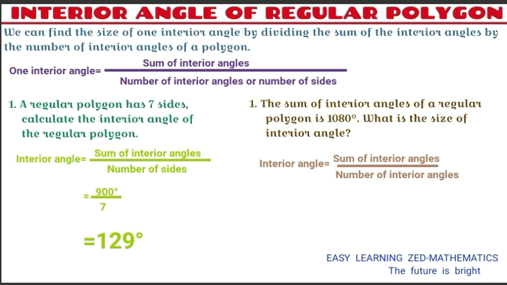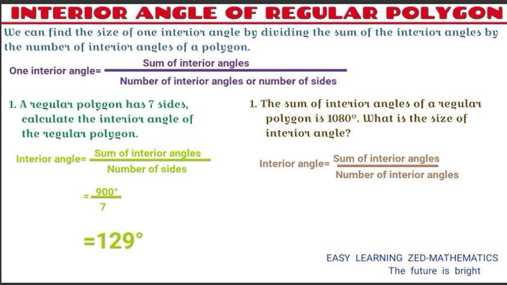Now here in this question, the examiners are asking you this because they know the polygon that has a sum of interior angles of 1080 degrees, and the sides or angles this polygon has.